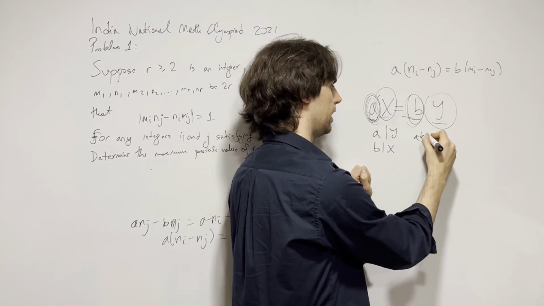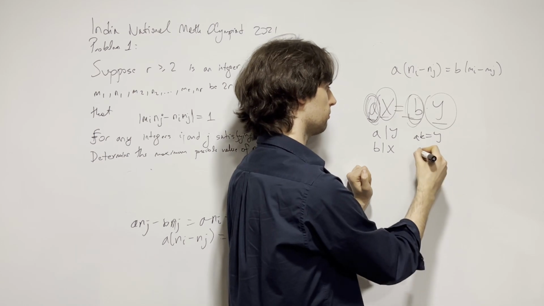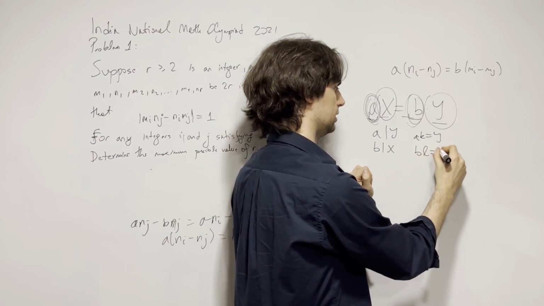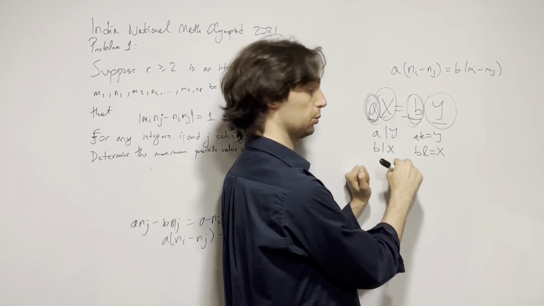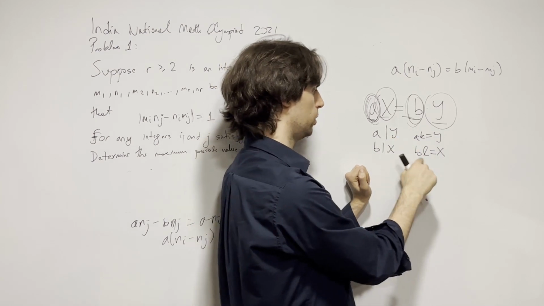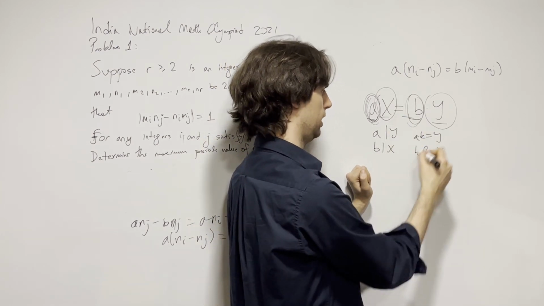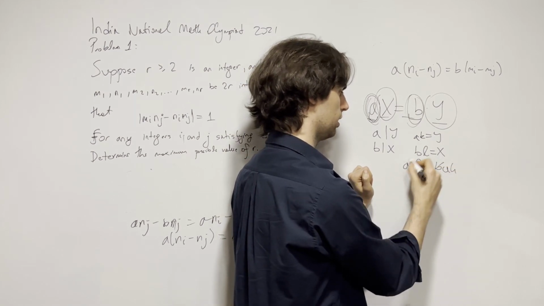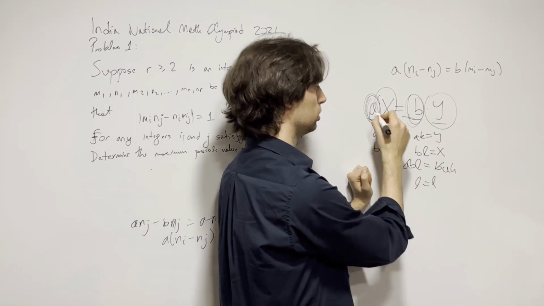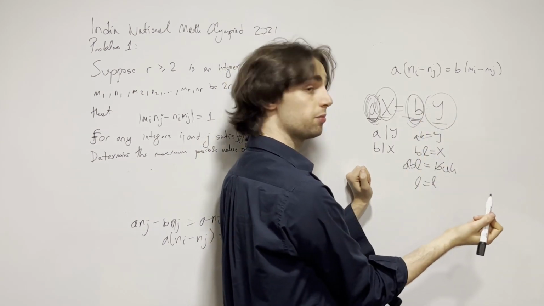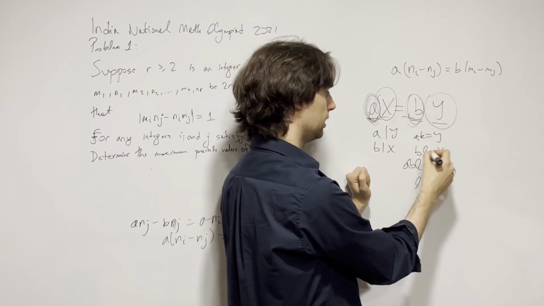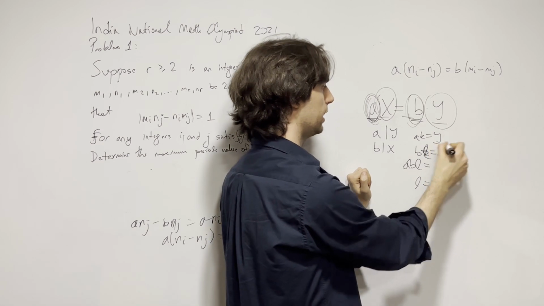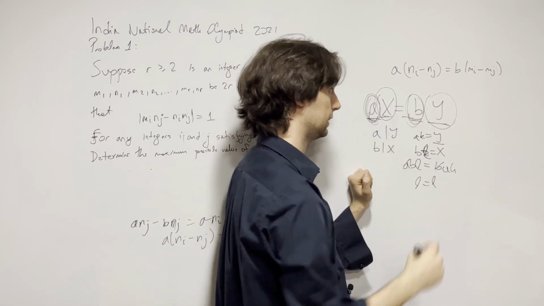Now if you set ak equal to y, and bl equal to x, that's what divisibility means. When you put in what x is and what y is, you'll get abl is bak, so l is equal to k. So if a and b are relatively prime, then there exists a k such that ak is y and bk is x.